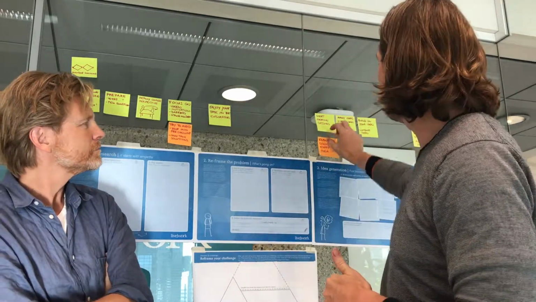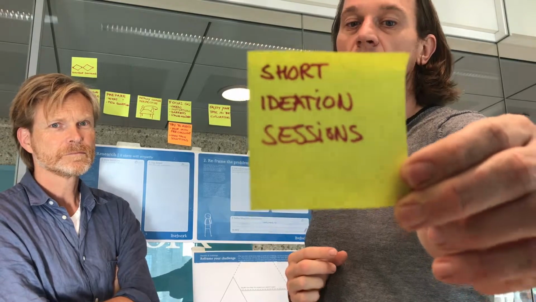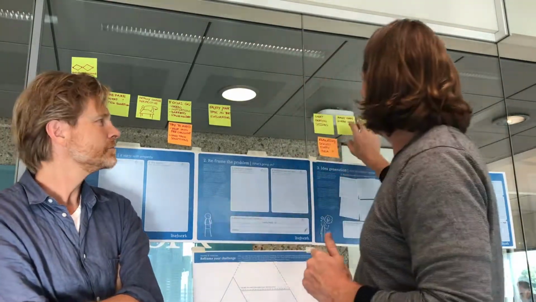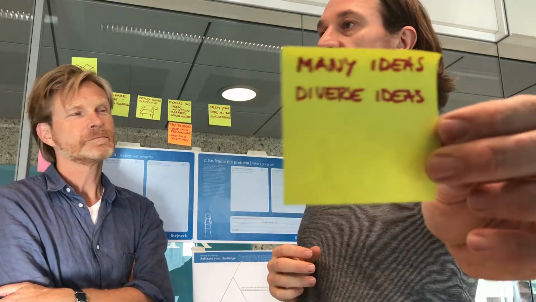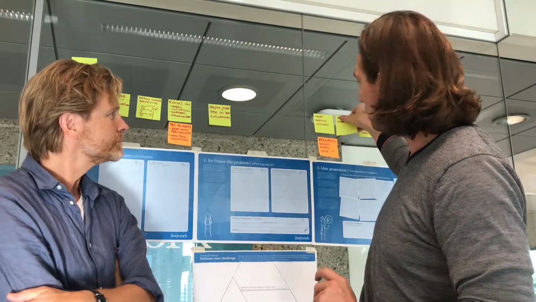One of the first tips is don't go into very long ideation sessions. Take them short, and make them intense and make them fun. Create a lot of ideas and a lot of diverse ideas within that broader problem space. The saying goes, the best way to have a good idea is to have many of them and throw away the bad ones later.